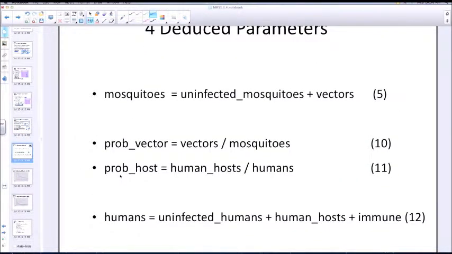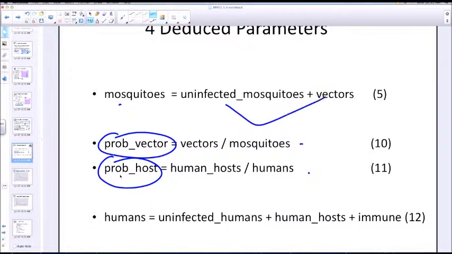Finally, the important ones: the probability host and probability vector, and those are the two connected models. And the other two, 5 and 12, are common sense. Total mosquito equals the 2 subgroups added, and total human equals the 3 subgroups added.